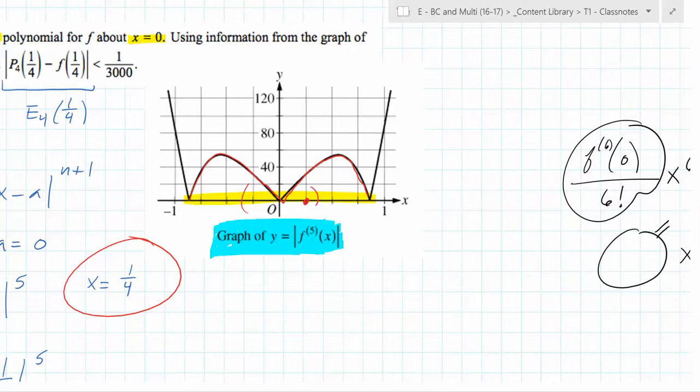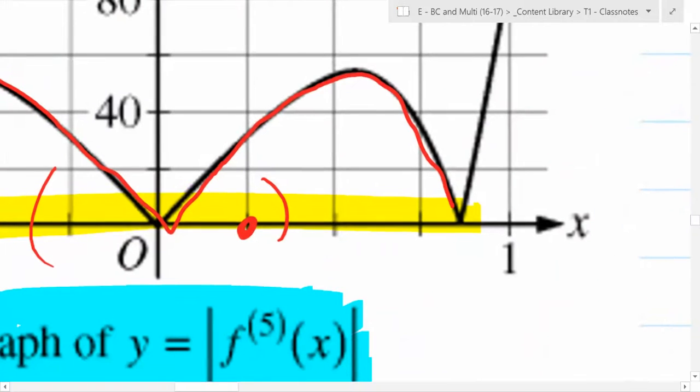Does everybody see why it's definitely less than 40 from 0 to 1/4? Because look at that: at the point 1/4, it's less than 40. Do you agree?